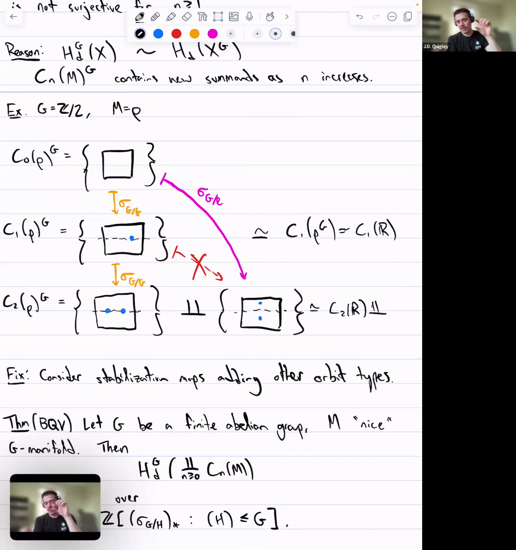And so I really just have to choose a point in the upper half plane. And up here, I can write whatever I want, but let's say I write C0 of R. And the maps are sort of doing this at the level of what these fixed points are.